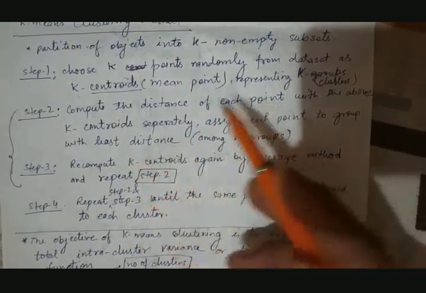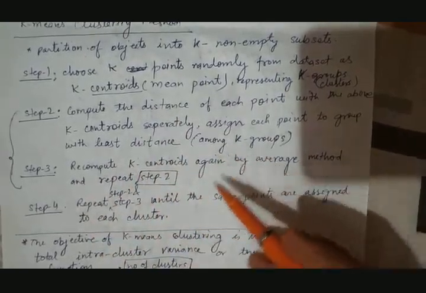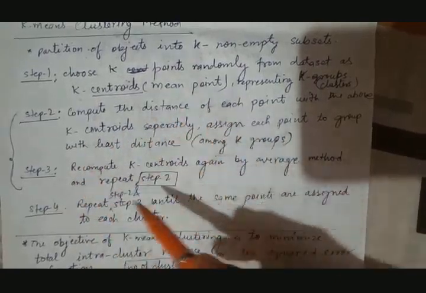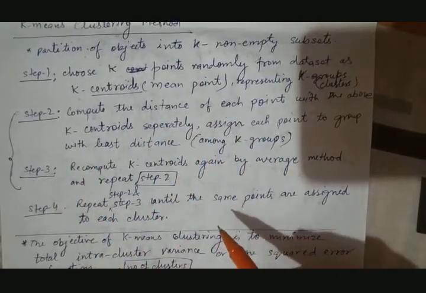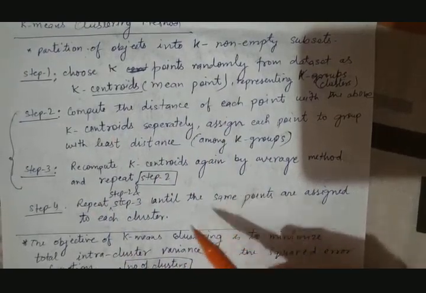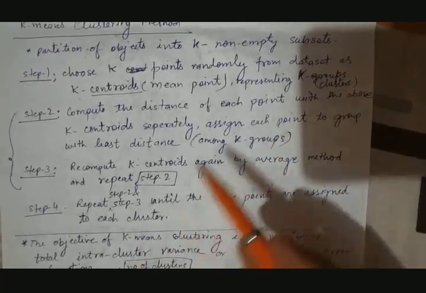Once all the data points are assigned, we compute the new K centroids, and the process repeats. Steps 2 and 3 are repeated until all the clusters contain the same points as in the previous step. This is how K-means clustering works.